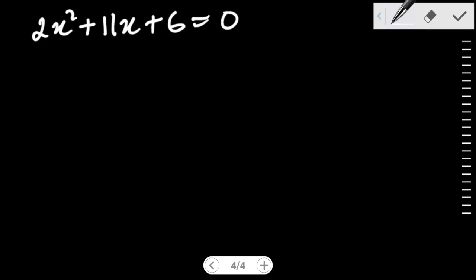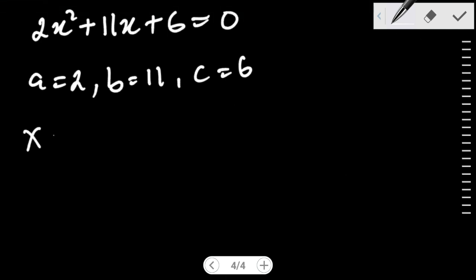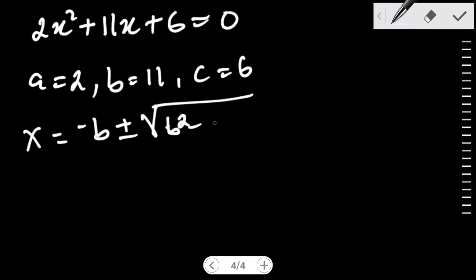So if we have this, we know that a would be equal to 2, b would be equal to 11, and c would be equal to 6. Therefore x would be equal to negative b plus or minus root of b squared minus 4ac, all over 2a.